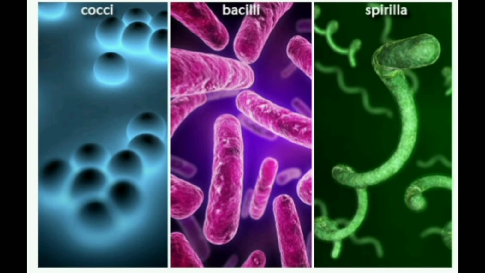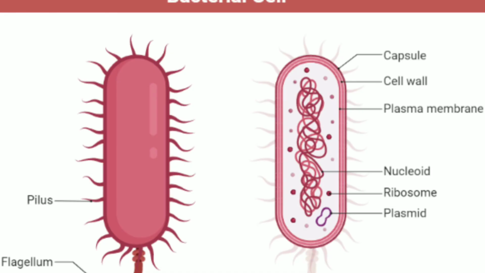Some also have filaments, which move through the flagellum and cilia around their body. So the parts a bacterial cell has are the cytoplasm, cell membrane, circular DNA, plasmid, which is also made from DNA, the ribosomes and the cell wall.